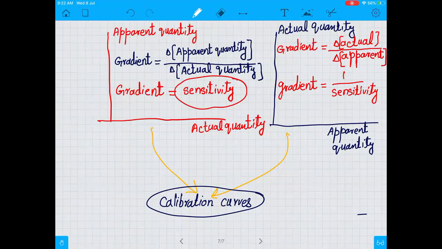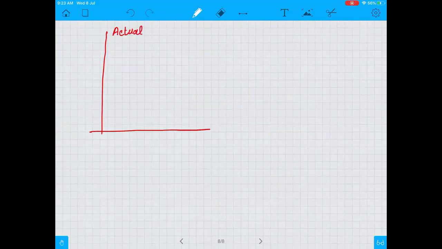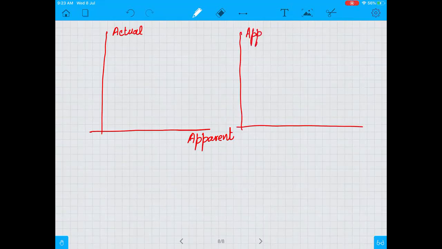So if you draw these graphs, the shape of the curve will tell you about the sensitivity. If actual is on y and apparent is on x, then the slope or gradient is 1 over sensitivity. And if apparent is on y and actual is on x, then the gradient or slope is the sensitivity.